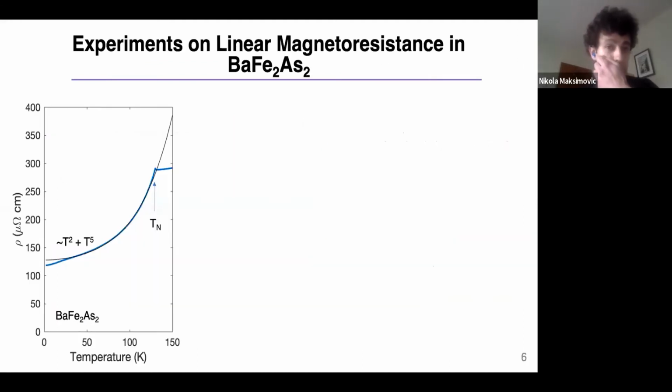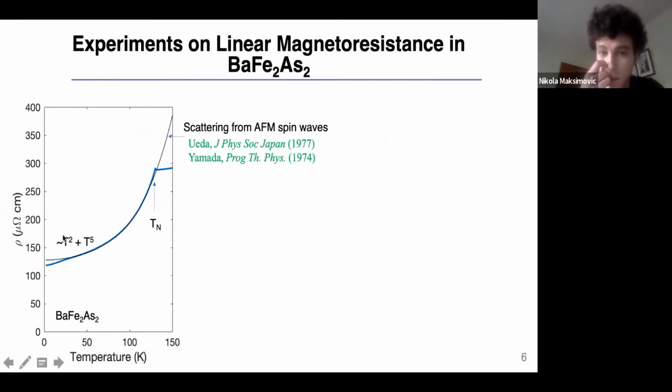So first, I'll describe our experiments on linear magnetoresistance in undoped barium-122. This is an antiferromagnetic metal. The resistance versus temperature follows fairly well a T squared plus T to the fifth dependence. This is something that you expect for scattering from antiferromagnetic spin waves.